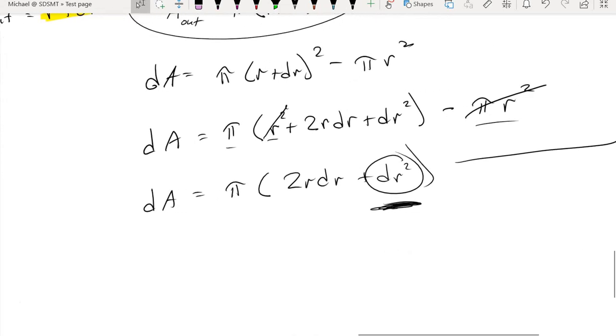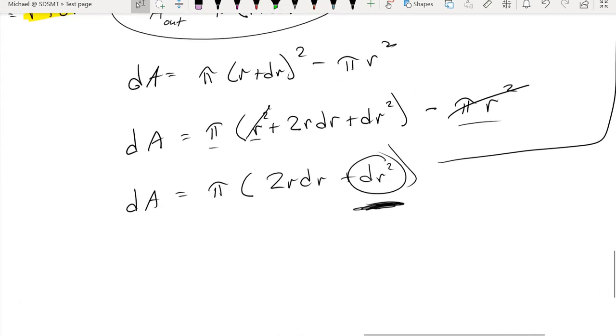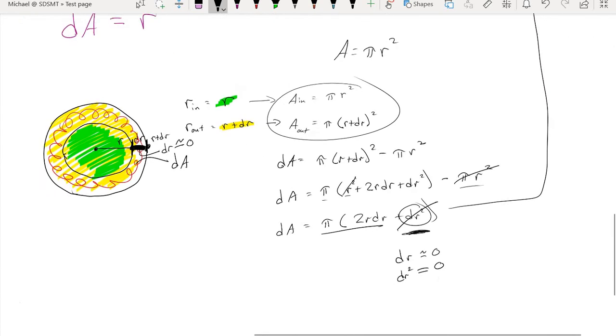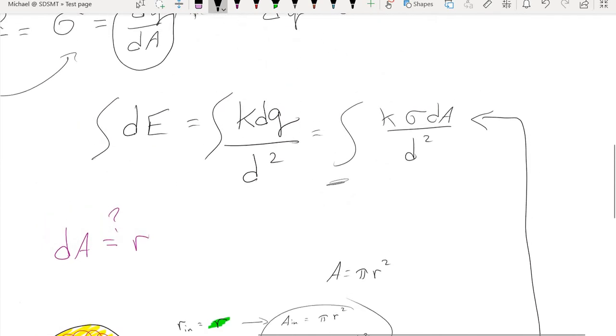We already know from experience, if we take a really small decimal value and we square it, it gets even smaller. So if dr is approximately equal to 0, then dr squared may as well be 0. And we're going to go ahead and make that assumption. So if dr squared is 0, then we no longer have to worry about that second order differential term.